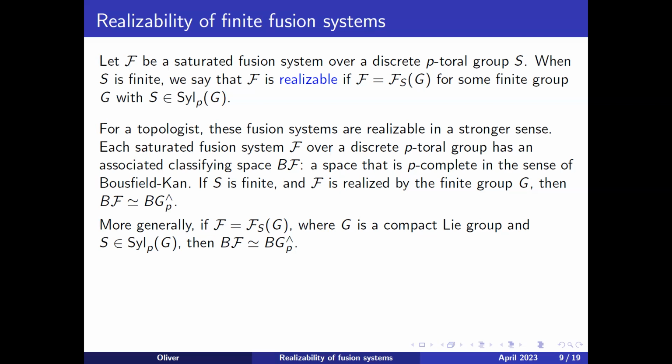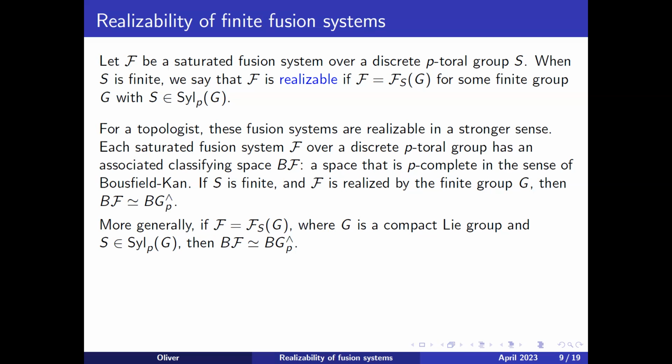And then if S is finite and F is realized by the finite group G, then the classifying space of F is homotopy equivalent to the p-completed classifying space of G. And this is true more generally for compact Lie groups.